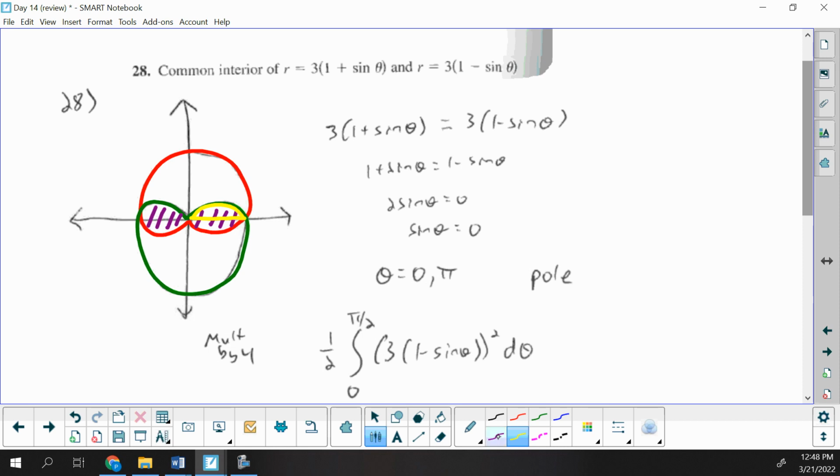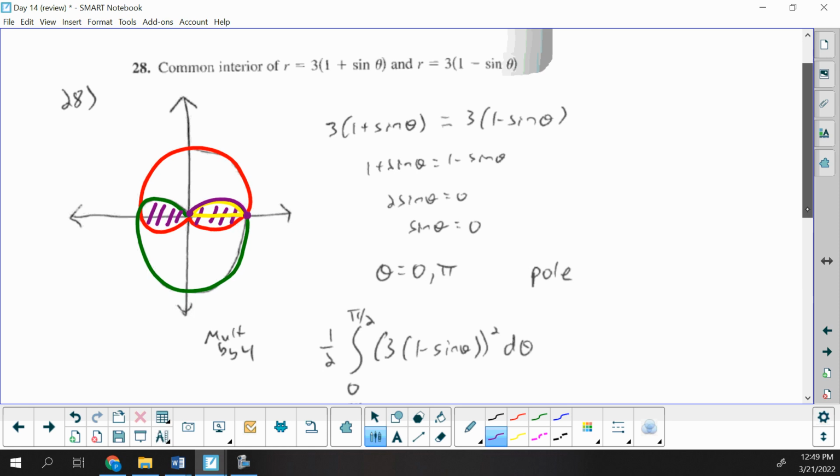So in our green, which is the one with the 1 minus sine theta, when you put in 0, you get back 3. So it's starting here. Then when you put in pi over 2, you get back 0. So we're going 0 to pi over 2 for that. That's where I get my bounds. We have 1/2 our radius squared d theta. And it's up to you.